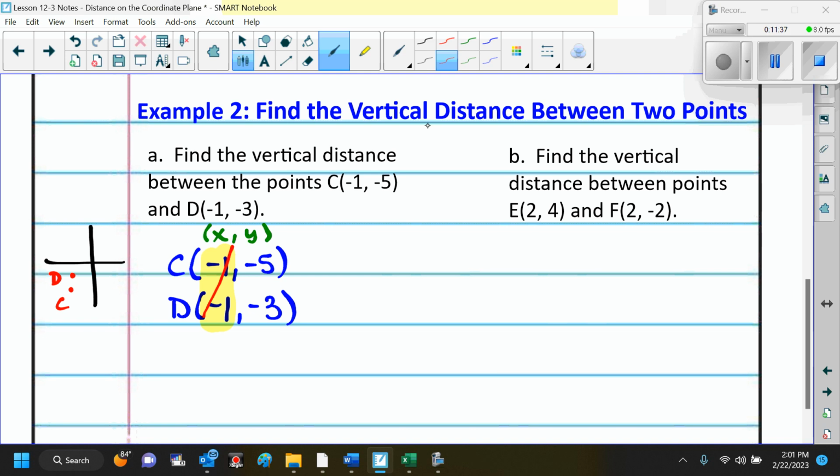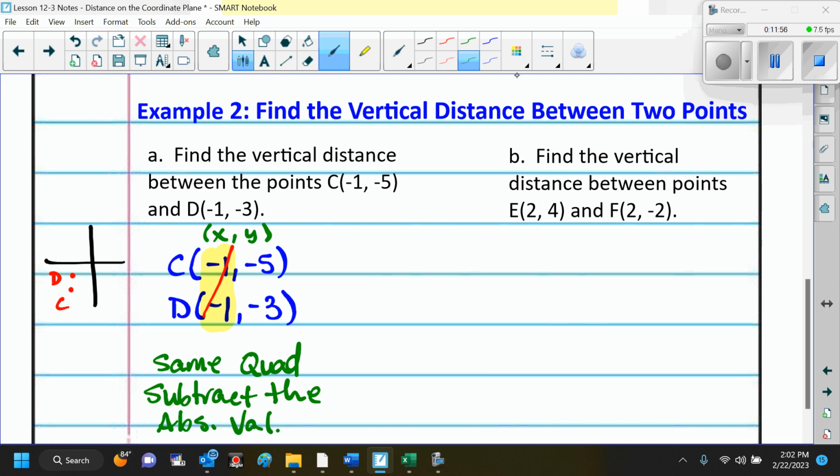So if we are in the same quadrant, we will subtract the absolute values. Okay, so here's the work. So I'll write it in black.